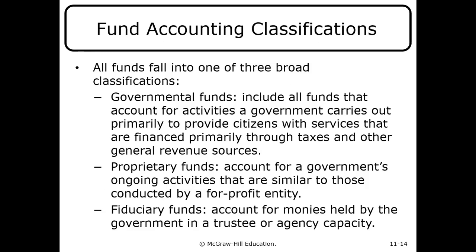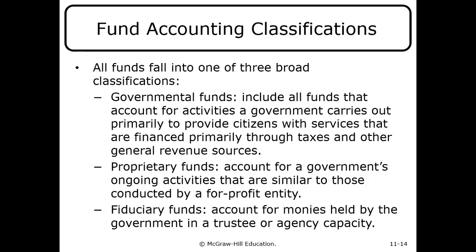For example, if the local government has a municipal golf course, that is a government-run golf course. Or if there's a toll road running through. So they're collecting funds for that activity. So we want to see, are we covering our costs from the funds we're collecting specifically for that activity?